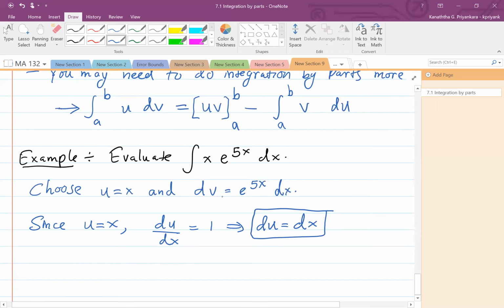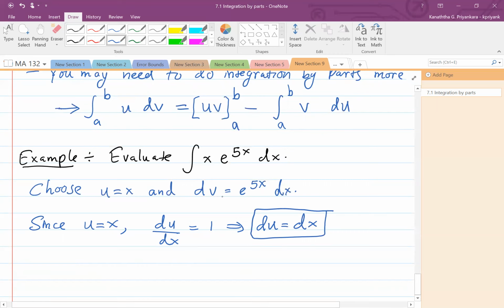Now we have dv, which is e to the power of 5x dx. Then I take the integral of both sides. So integrate dv, and we have the integral of e to the power of 5x dx. From calculus 1, you have to use the u substitution method.